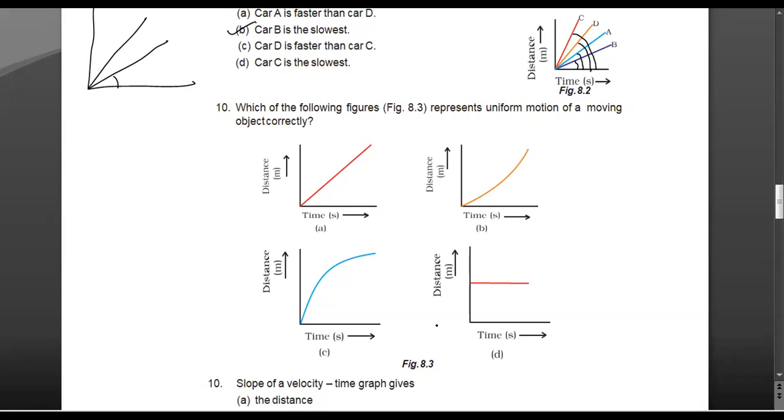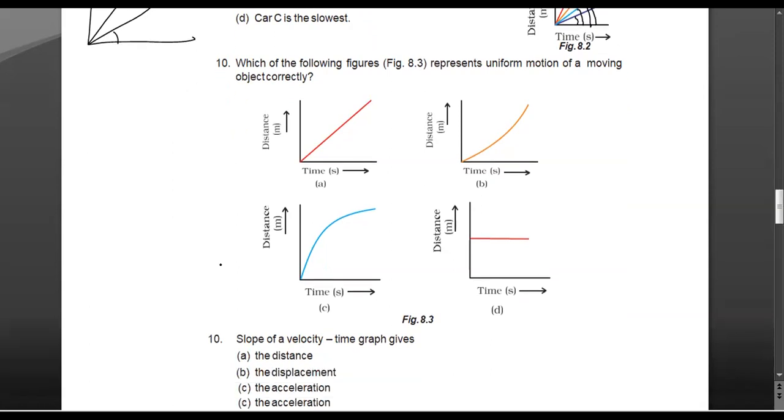A, B, C, D. Tell me, Hamna, which of the following is representing the correct uniform motion? You are saying A. Okay.